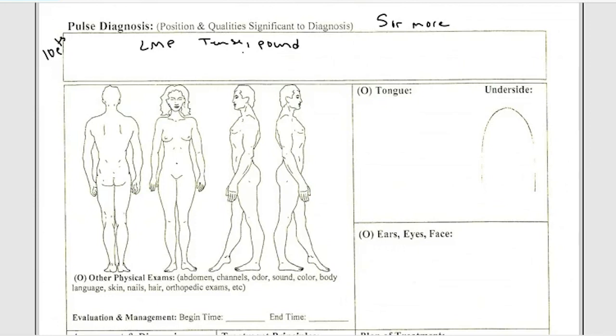Let's say that our left distal position, which is our heart position, is diffuse and reduced pound. And let's say we also noted in the right middle position reduced pound and reduced substance, deficient qualities.